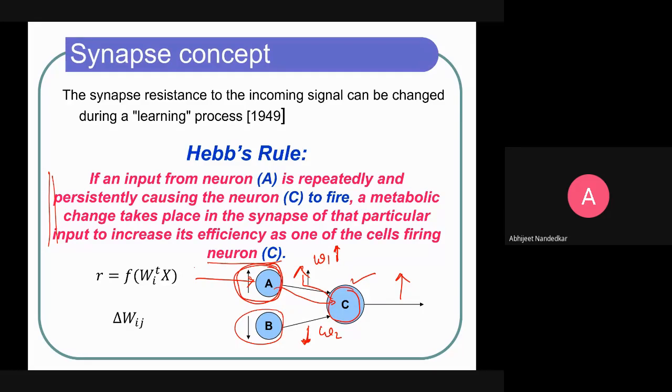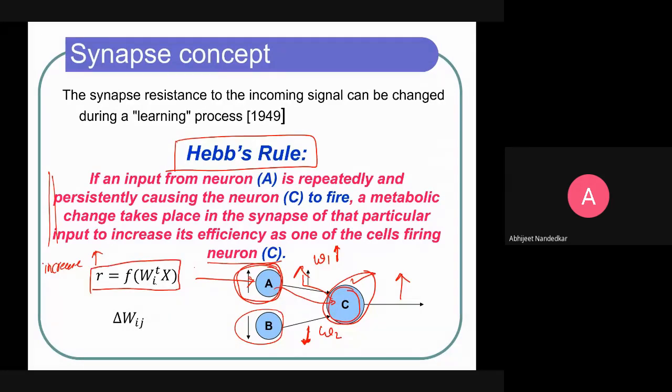So weights will increase if the previous input fires this neuron C. Weight will decrease if the previous neuron is not allowing C to fire. So that was the concept. This is called Hebb's rule. So the rule is a function of W transpose X.